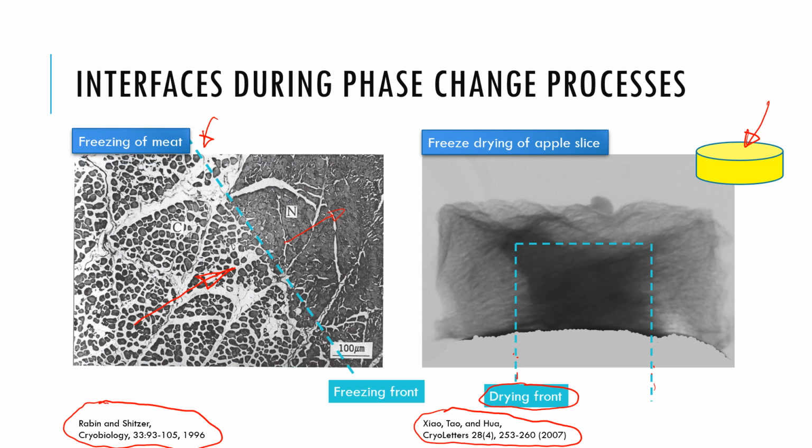Now you can see that in both cases, the freezing on the left and the freeze drying on the right, it doesn't have to be a very sharp one, because the sublimation happens over a small temperature range.